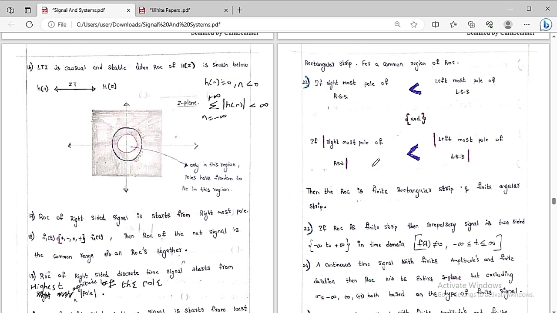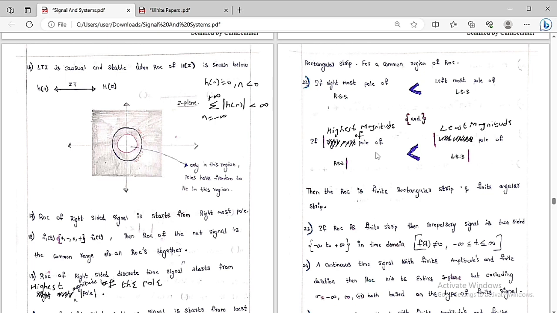If the highest magnitude pole of the right-sided signal is less than the least magnitude pole of the left-sided signal, then we can say that the ROC is a rectangular strip as well as an angular strip. So what is the meaning of this?